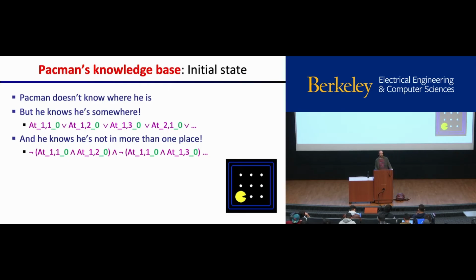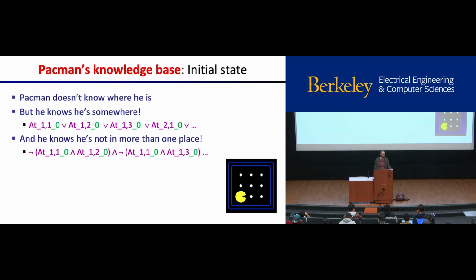Then it would be possible for him to be 2 places at once as long as he's not in 3 places at once. If you can't be in 2 places at once, you also can't be in 3 places at once. But if you can't be in 3 places at once, you might still be in 2 places at once. So this is more specific. This is what we need to say. Also, it wouldn't help. It would be even longer.